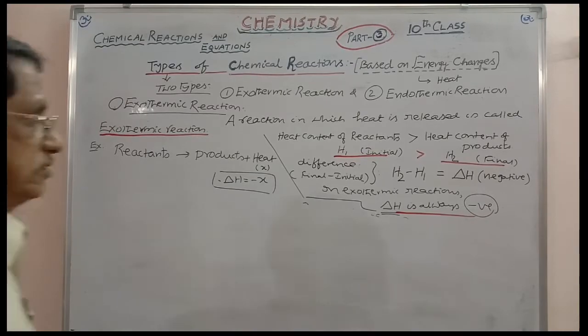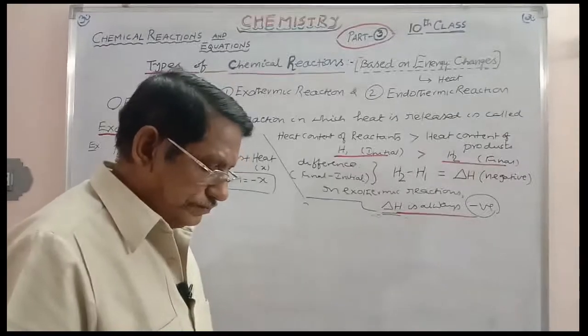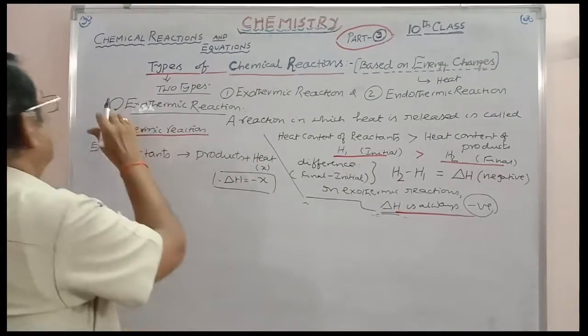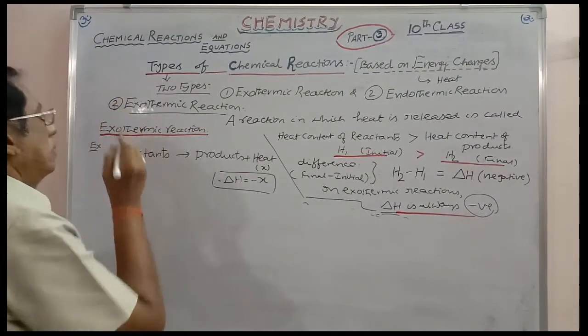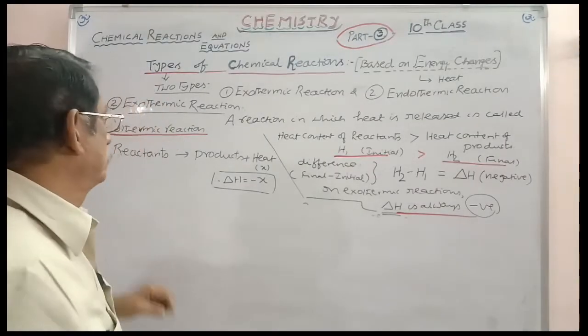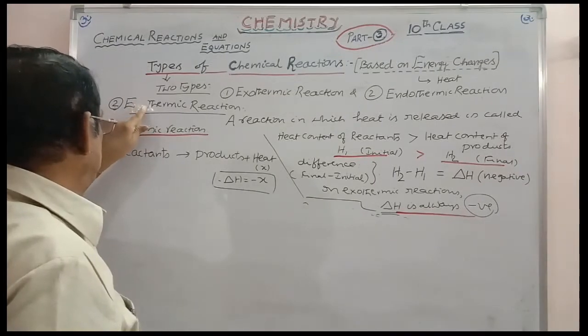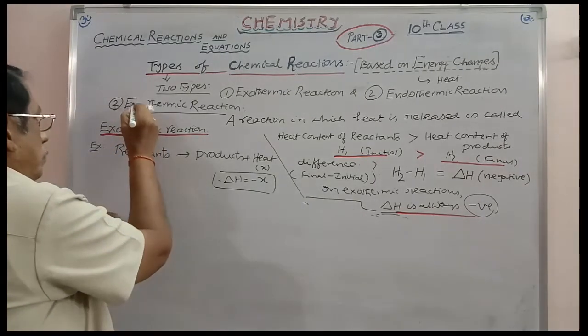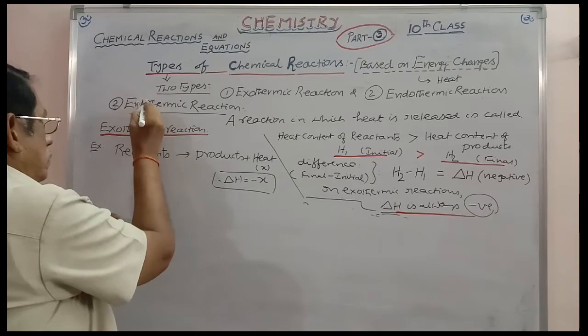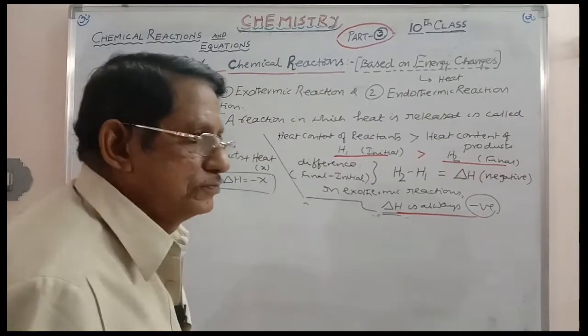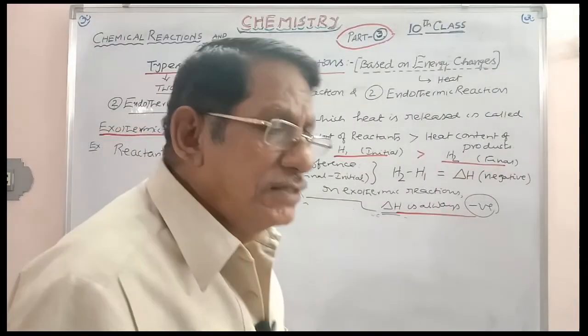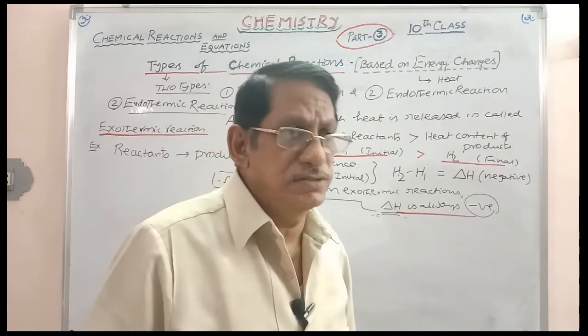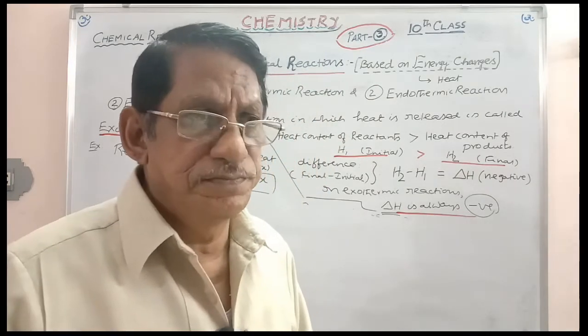Now let us consider the second part of these energy changes, that is endothermic reaction. Exo is replaced by endo. Endothermic reaction. And here the heat content associated with the reactants is less than the products.